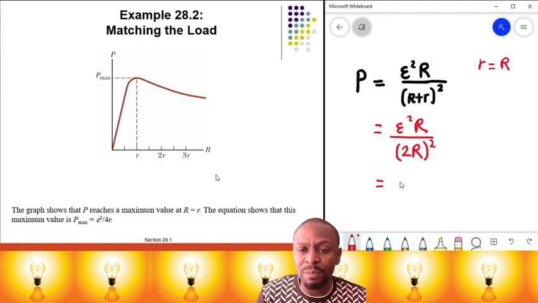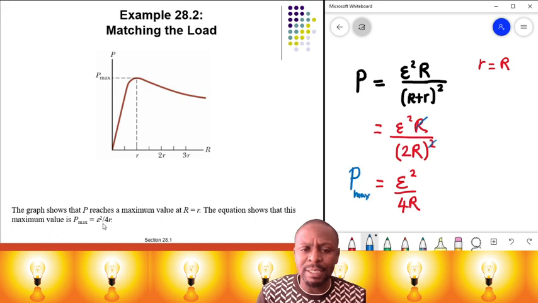Why 4R? Because this R will cancel one here, and then you will be left with one. Therefore the maximum power to the load will be given by E squared divided by 4R. Never mind, because this is the same as E squared divided by 4R.